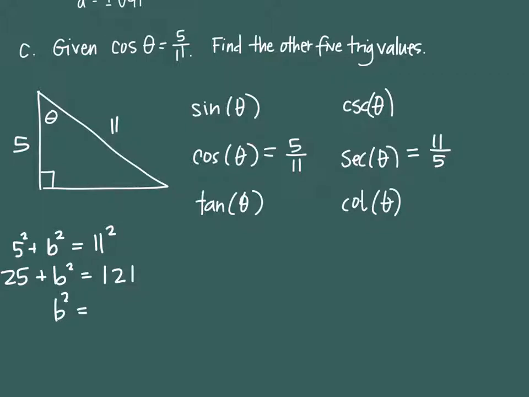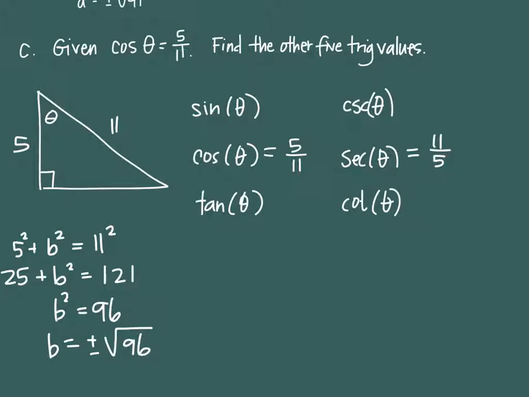So we get b squared equals 76. No. 96. There we go. And so then b is the plus or minus square root of 96.